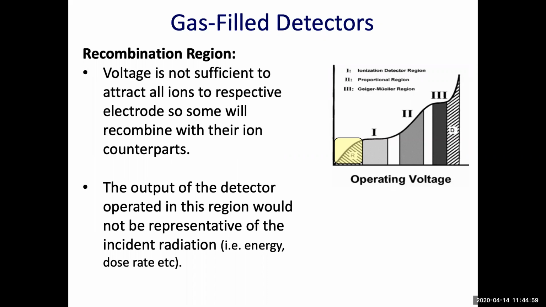When the incident radiation passes through the gas, it produces ions, so the voltage should be adequate to collect them. If the applied voltage is too low, some of the ions and electrons simply recombine with one another without contributing to electrical current flow. So the output of a detector operated in this region would not be representative of the incident radiation, because the ions recombine and we don't get an output. So in this region, the detector is not operated.